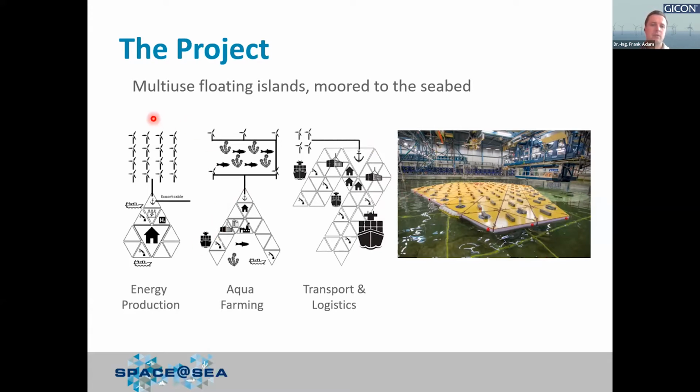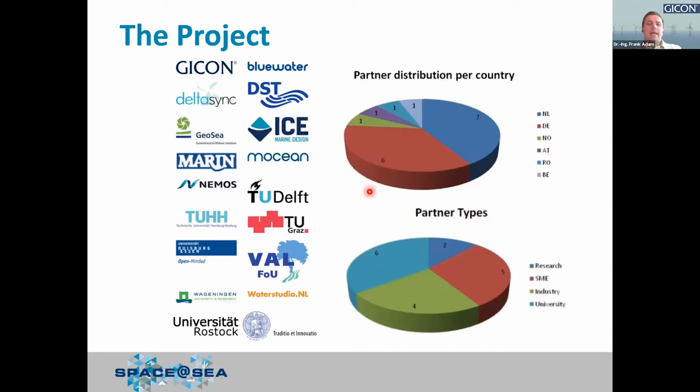But today's highlight will be on this so-called energy production, on the operation maintenance hub based on the Space at Sea project. The project, and this is from my understanding also very important to know, was not only done by GCON and the University of Rostock. There were a lot of partners. The consortium was led by Maren.